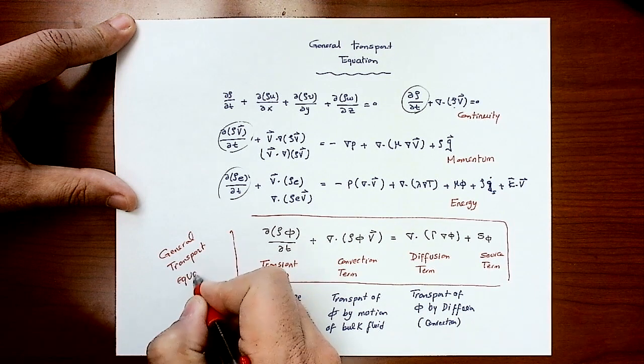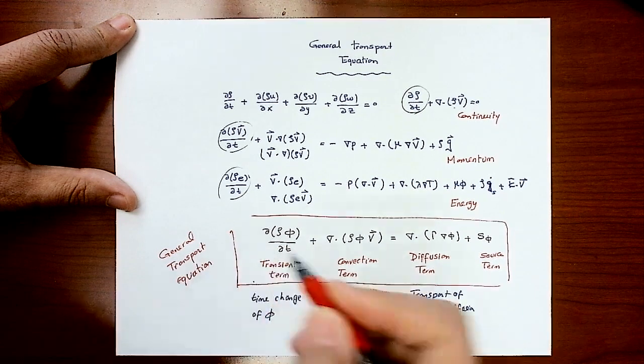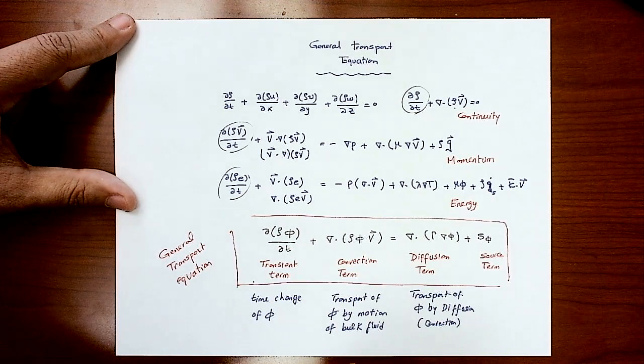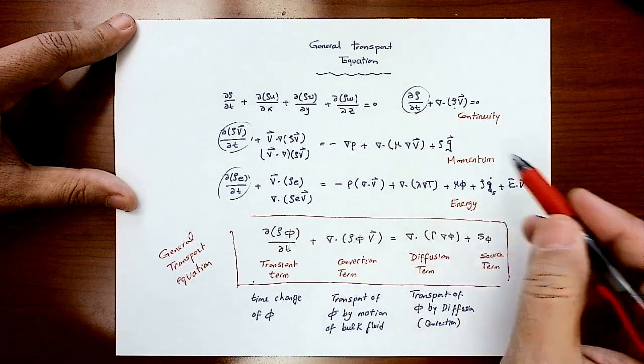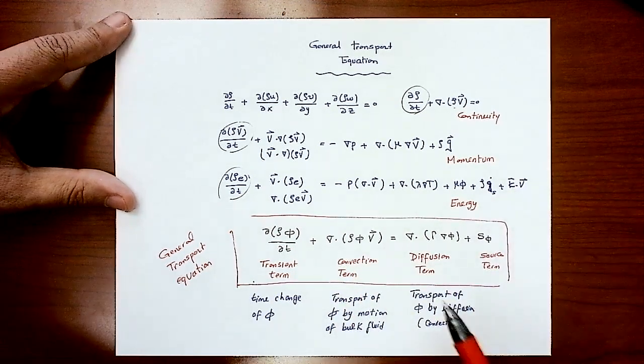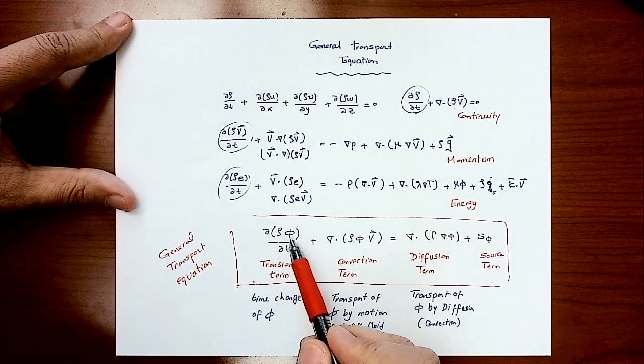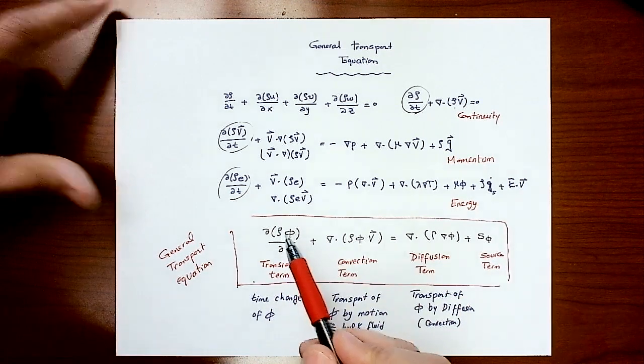Let's validate the truth that this general transport equation can lead to continuity, momentum, and energy based on the value of the general variable phi, or the phenomena of interest here.